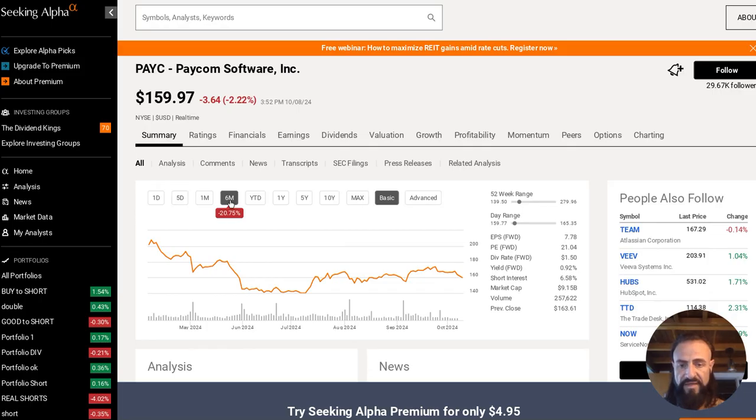But I think this actually could be a candidate if the market was to soften up a bit. S&P 500 close to all-time high. It might drop a little bit, and it could be a good opportunity to buy this.